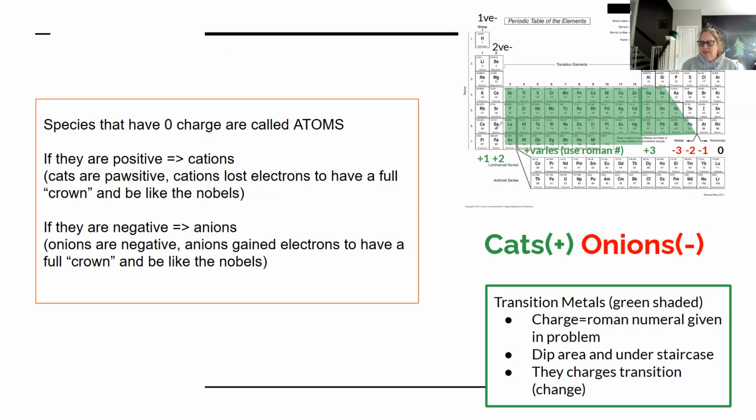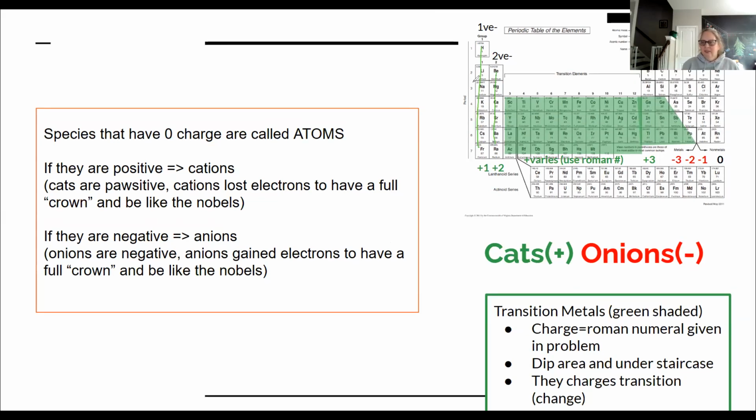Those are also positive. And then those negatively charged areas, those guys are the anions. Those guys over in red are typically the non-metals, and the ones in green are typically the metals.